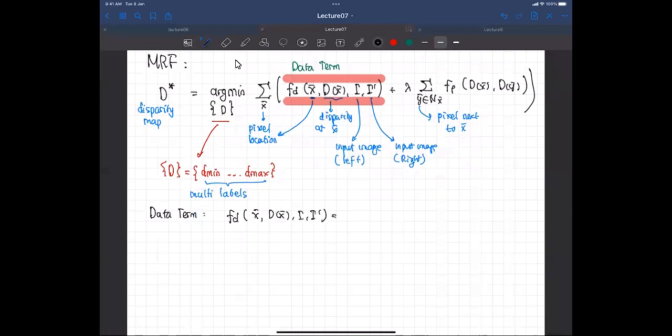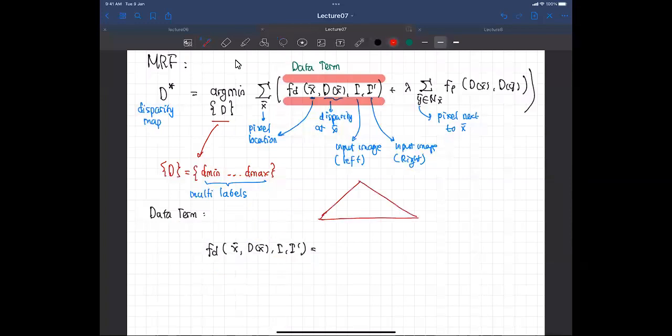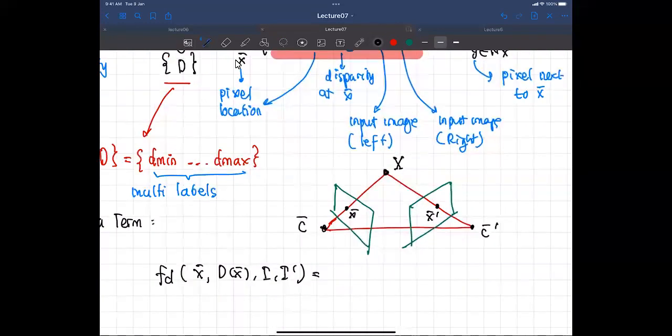So we want to minimize. Remember that we have triangulation in this case, right? Estimation is always something to do with triangulation. We have this image here, the image there, and then we have C prime, and then we have capital X, and then we have x bar, and x bar prime. So this one is I, and this one is I prime.